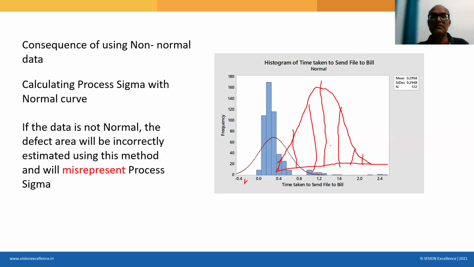Anybody knows? No, the percentage of coverage. This area is the one sigma limit. What is the coverage? 68%. Right. So 34% on the right side and 34% on the left side. Now what is the condition of two sigma limit?